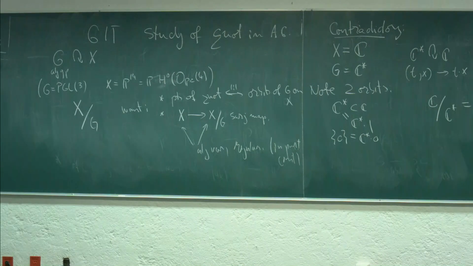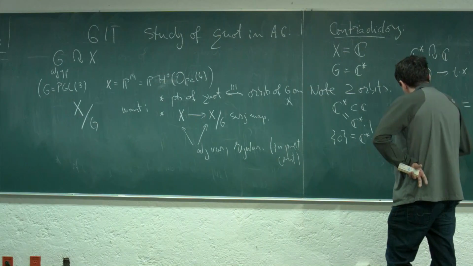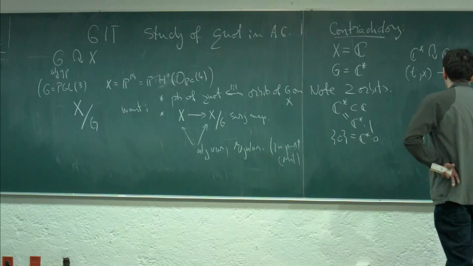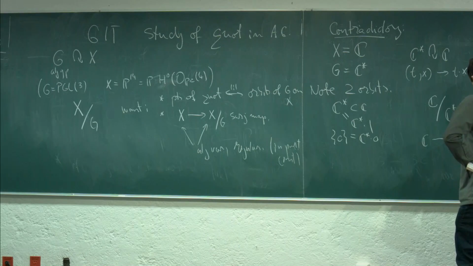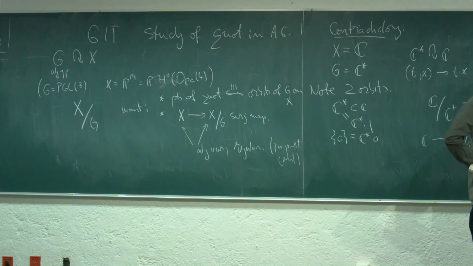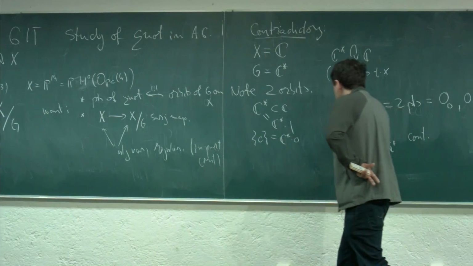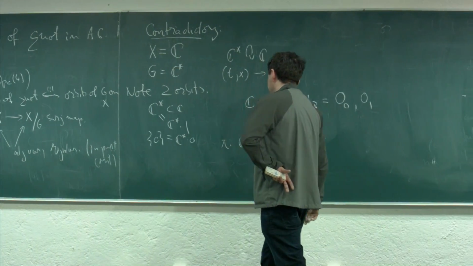But then the second requirement tells me that the map from C to C mod C star has to be continuous. Let's call these 2 points O0 and O1, and call this map pi.